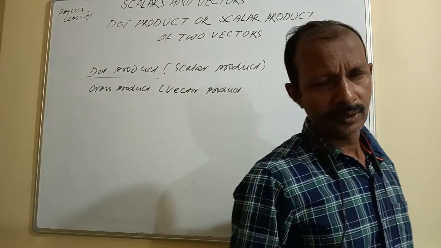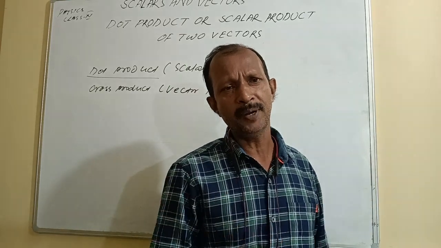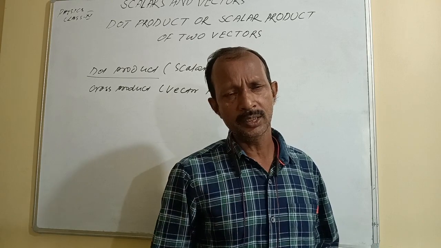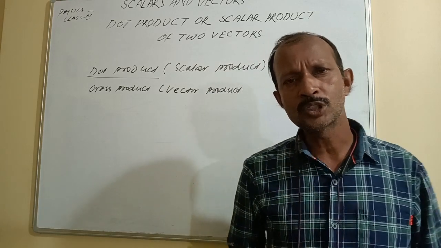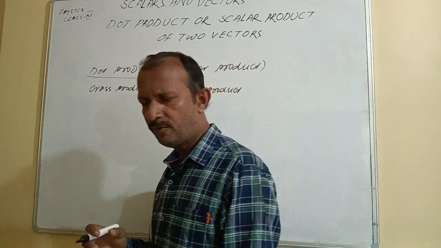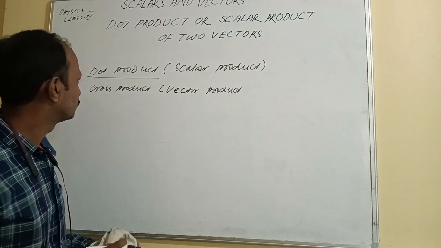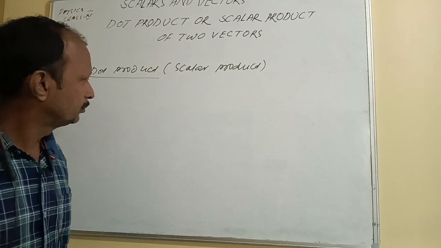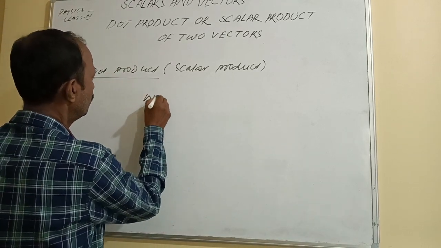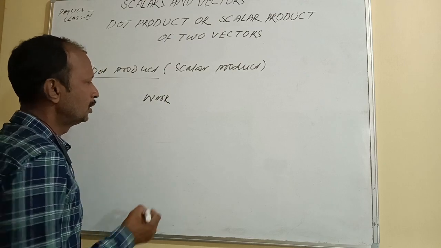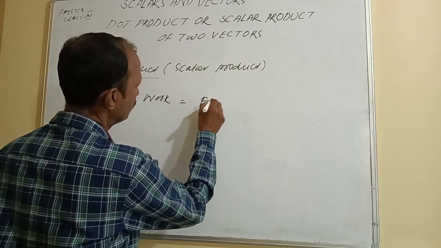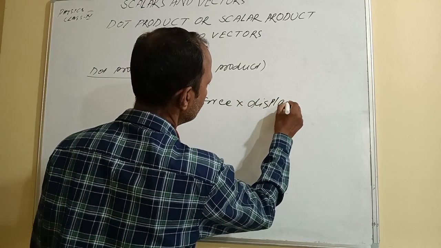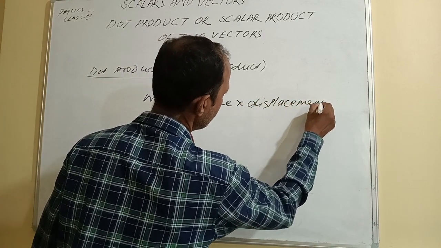That means when two vectors we are multiplying, if the resultant or the product is a scalar, then we use the dot product. For example, you see, suppose our work is the product of force and displacement.